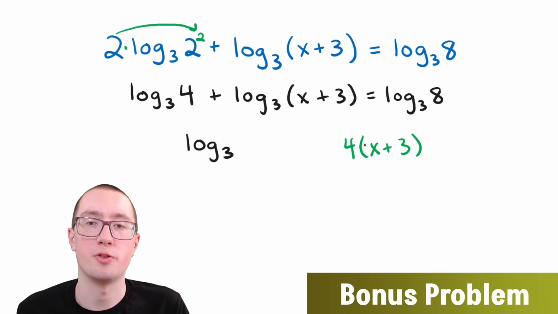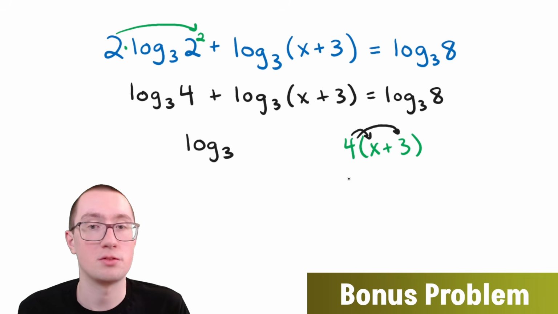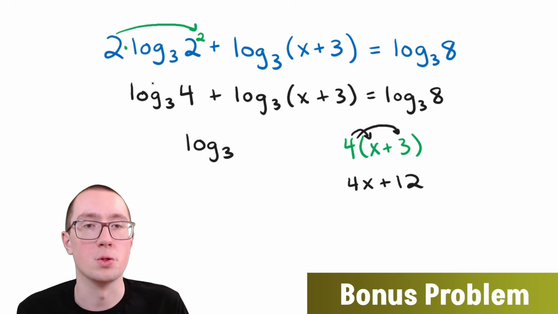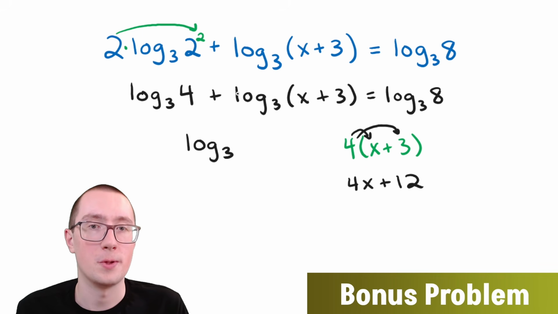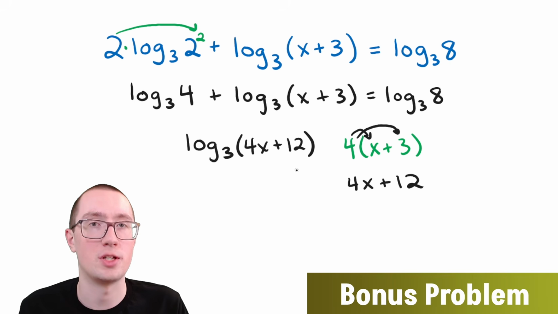And using the distributive property, we have to multiply the 4 out to the x and to the 3. So 4 times x, you can't multiply a number and a letter, so it's just going to stay as 4 times x plus 4 times 3, which is 12. So the log base 3 of 4 plus the log base 3 of x plus 3 is the same as the log base 3 of 4x plus 12. That's just 4 and x plus 3 being multiplied together.